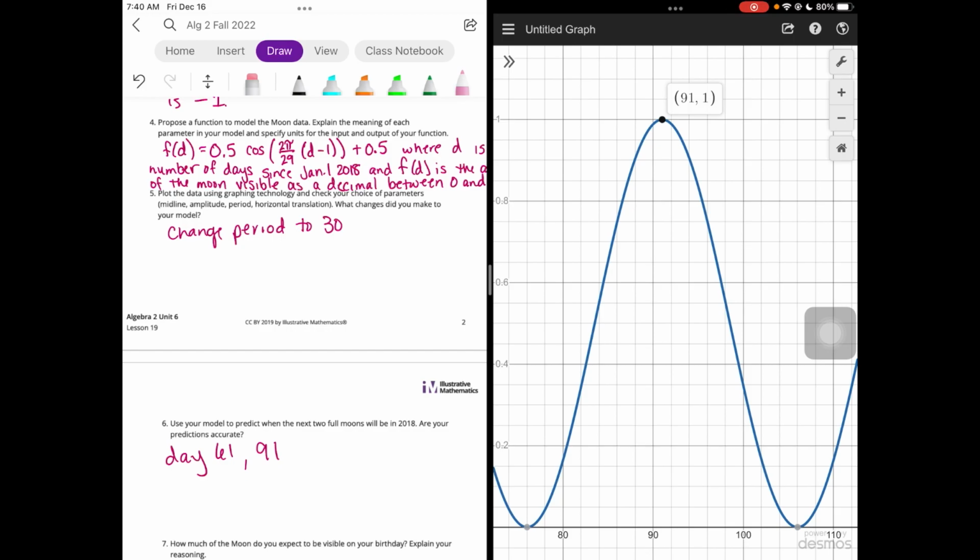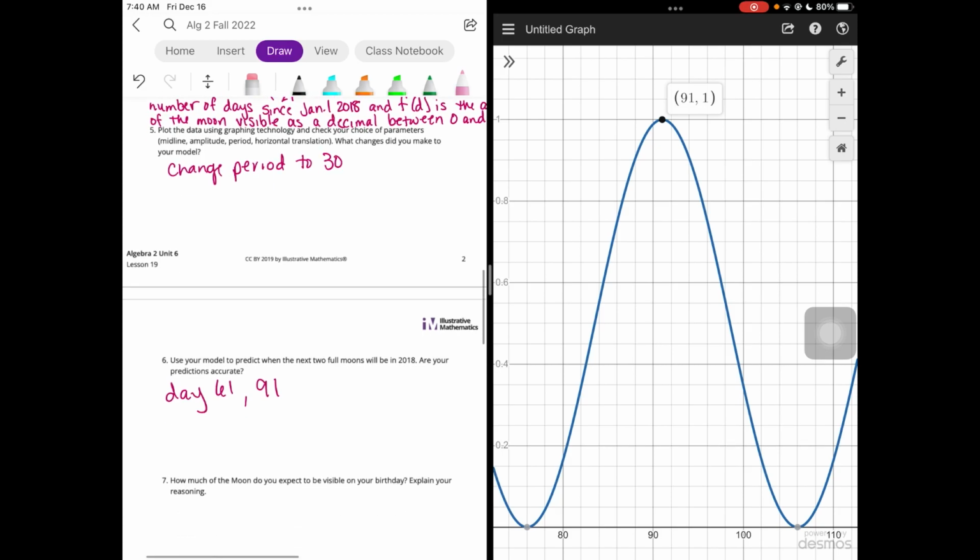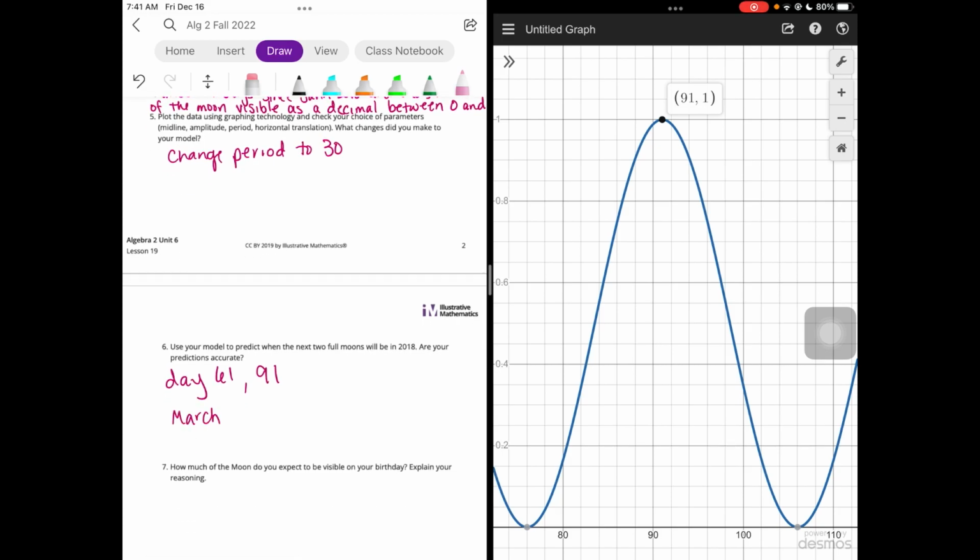And so 61 days after January 1st, 2018 was not a leap year too. So, all right, January 2nd to the 31st would be 29 days. Plus February had 28 days. So that's 57. So we need 4 more days. So that'd be March 4th.